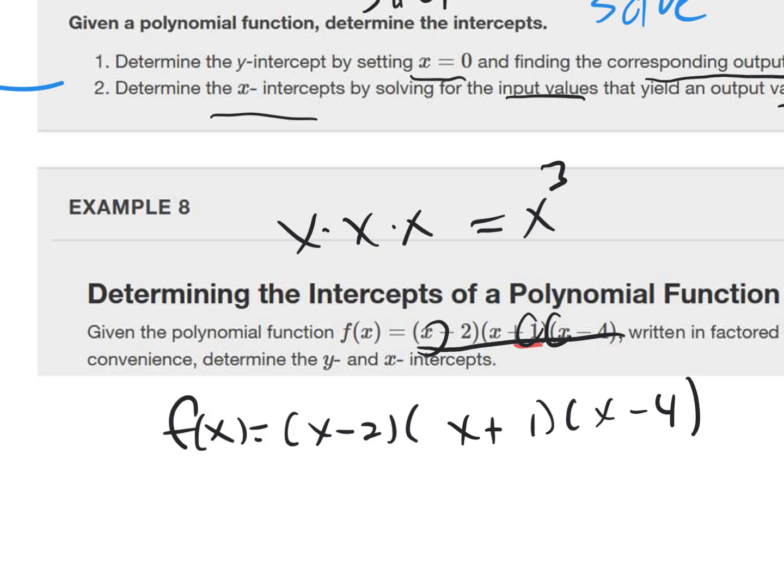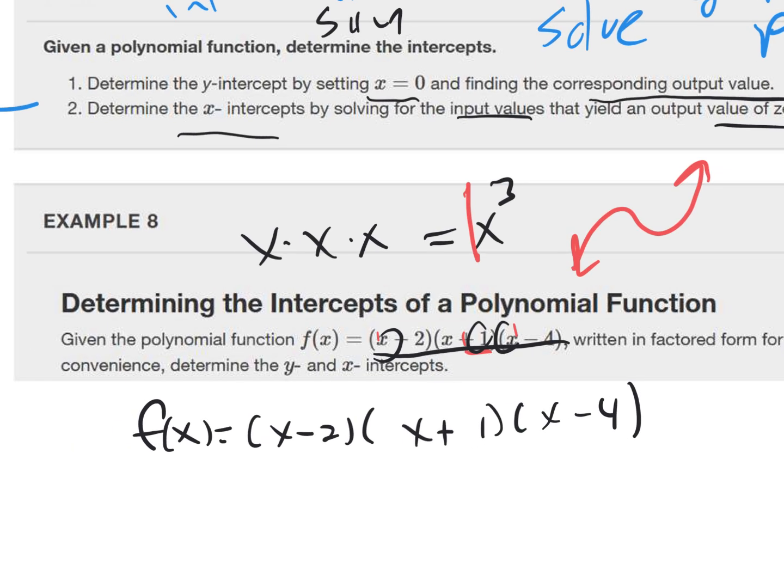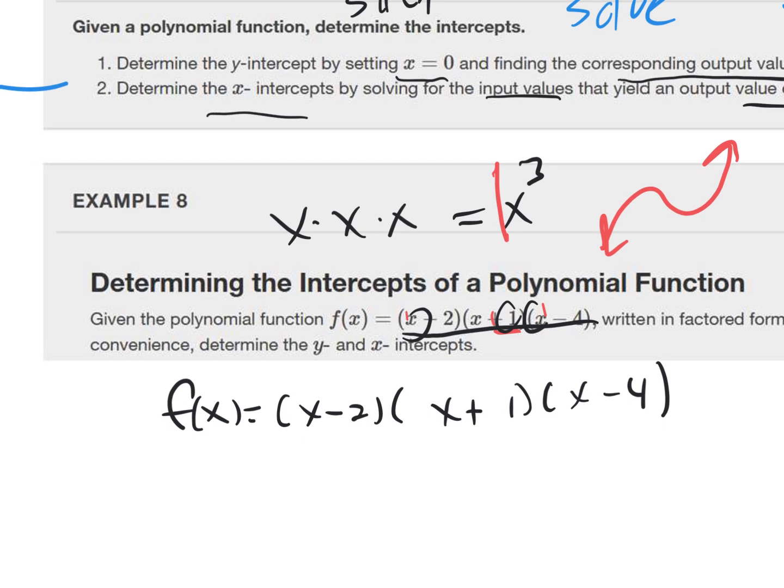And I can also tell you what the leading coefficient is going to be because there's a 1 in front of each of these x's. So 1 times 1 times 1. So it's going to turn into a positive 1x cubed. So I know the function is going to look like this somehow. Something like that. But anyway, we're finding intercepts, the y and the x-intercept. So to do the y-intercept, I'll do that first. The y-intercept, x has to be 0.